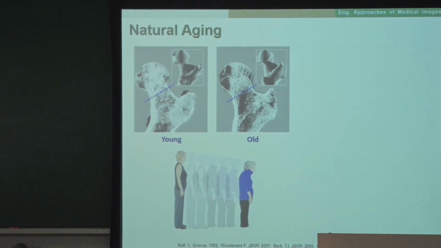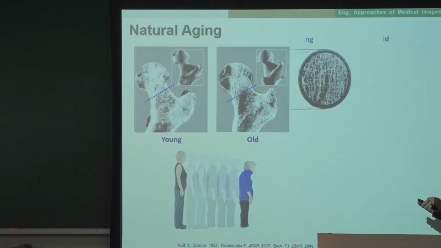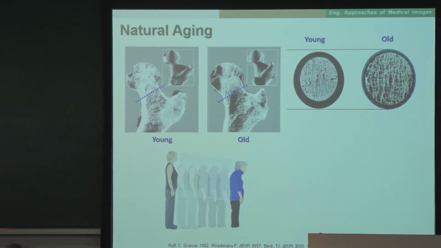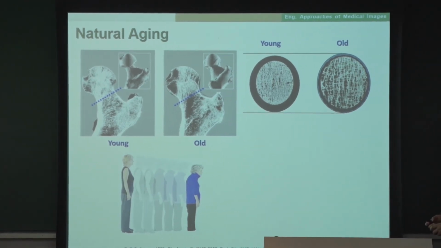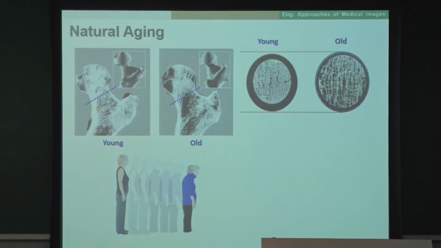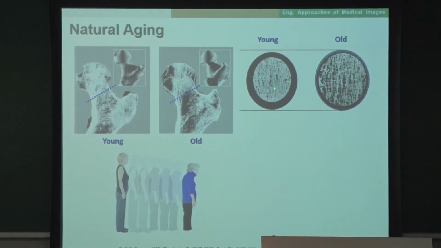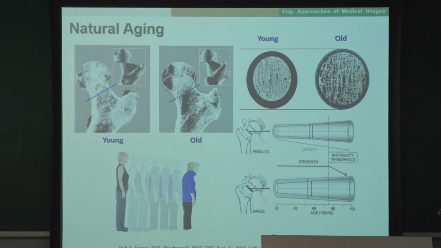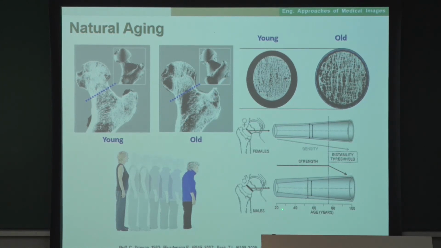So if you look at the cross-section of this femoral neck, this is a schematic diagram. As you can see here, in the young bone, the black donut is the cortical bone, and inside is the trabecular bone. Starting from female and male, the x-axis is age, 20s to 100 years old.